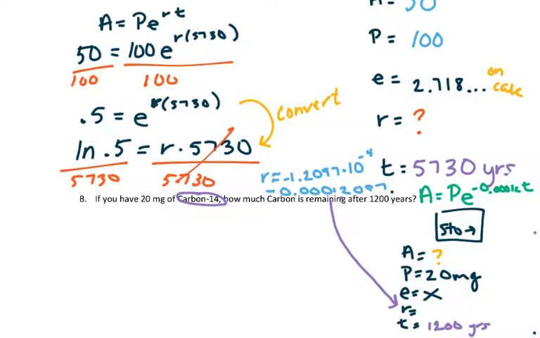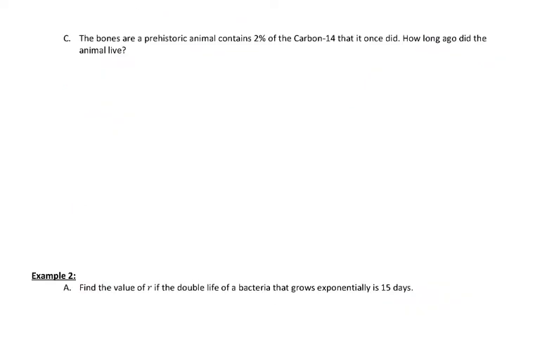So 0.0001209, 7 would probably be best. Anyways, now that we know that our rate hasn't changed, it's 0.0001209.